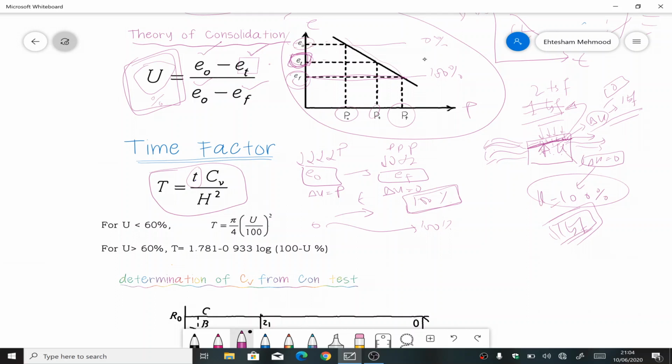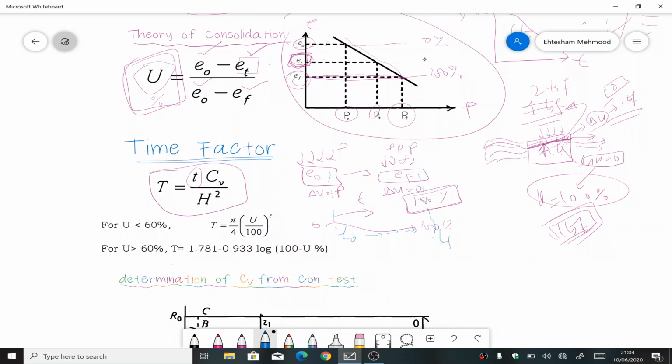I'll come back to this diagram again. We said that once the sample was just loaded, we call that e naught, and this time is called T naught because the loading just started. And as time increases, at the end of consolidation, this will be the final time.